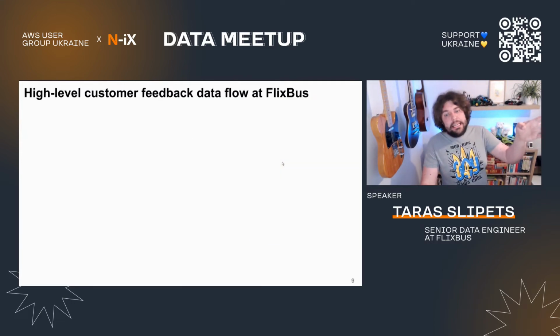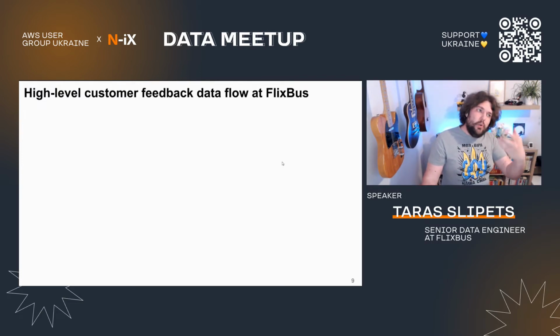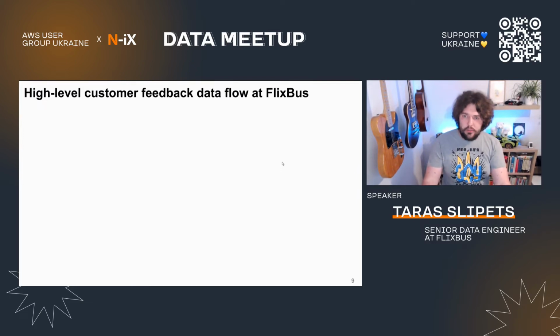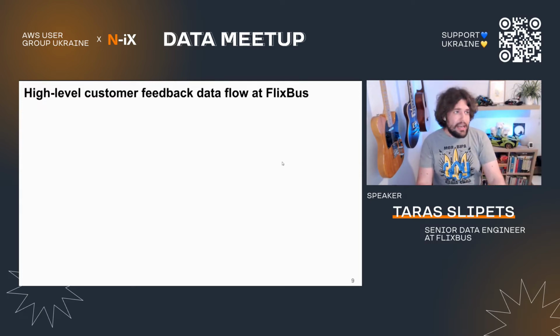Now, getting into more details: what exactly did we solve with the concept of data mesh? We addressed the customer feedback workflows, and to start, I'd like to outline the high-level data flow for customer feedback information at Flix.